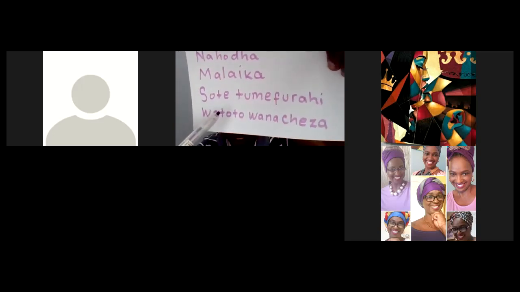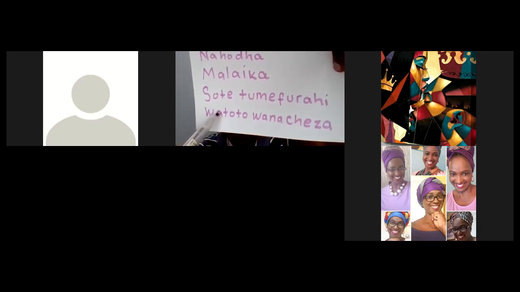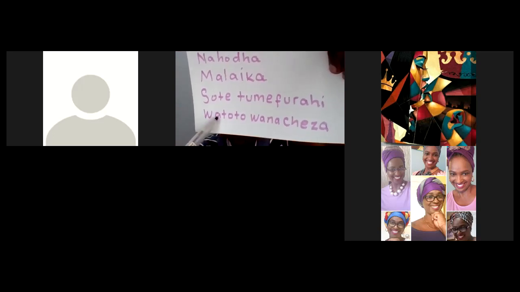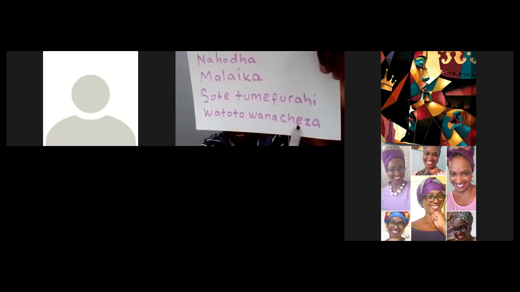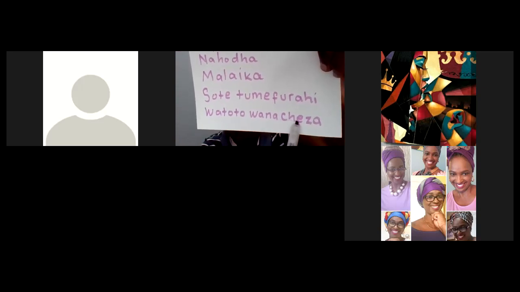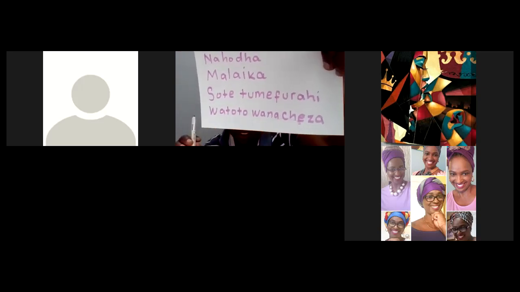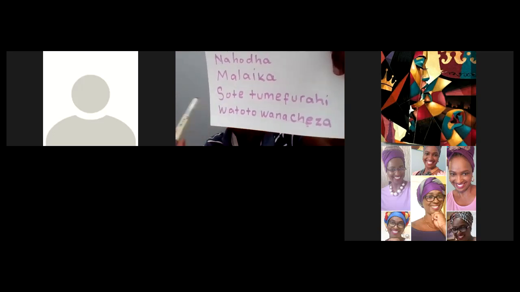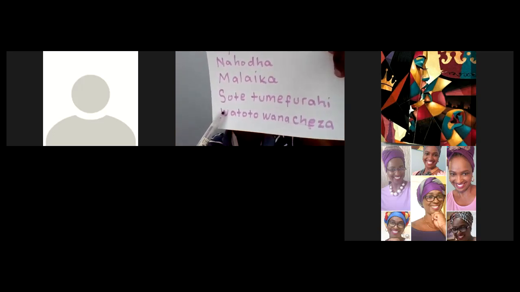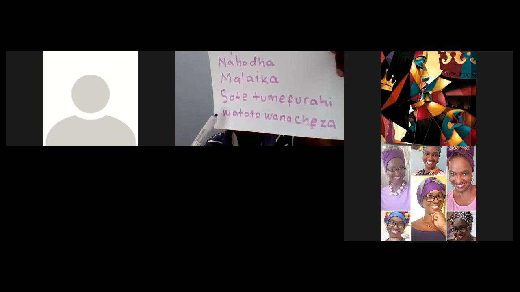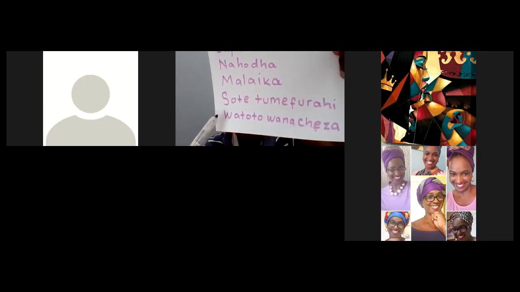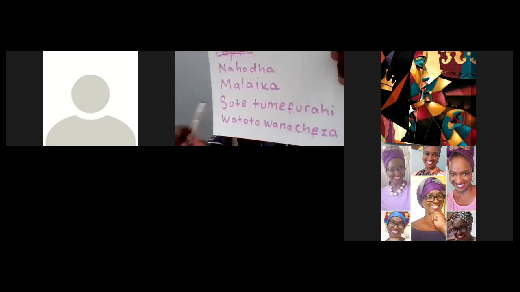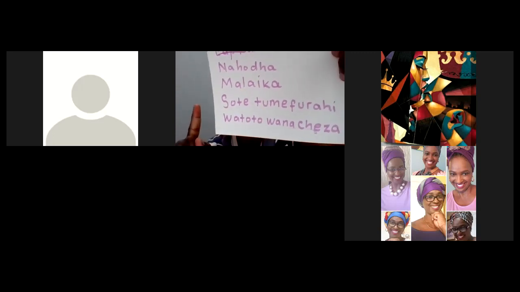Watoto, these are many children. Wanacheza. Children are playing. Now, if I remove W here and I put an M instead, it will be mtoto. That's one child.